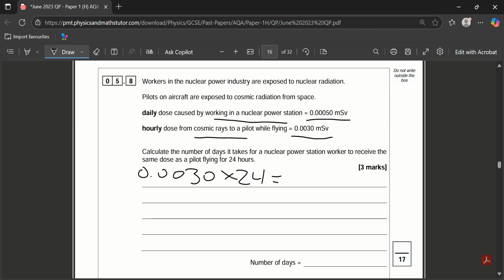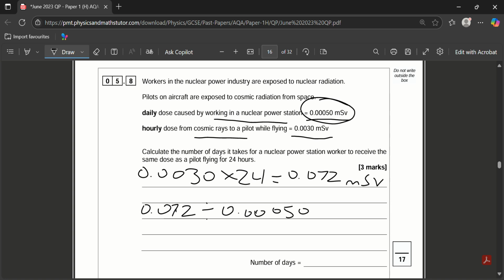Using my trusty calculator, I get 0.072 millisieverts a day, and then if this is the daily dose, we take this amount, because this is per day, and we divide it by the daily dose of the worker in the nuclear power station, and we should get 144 days.